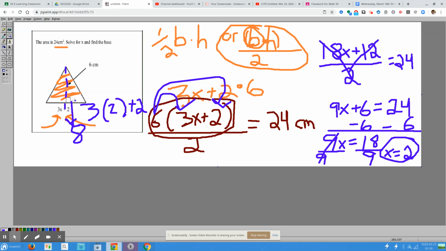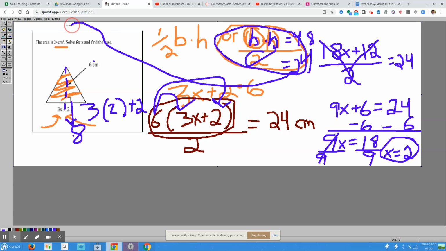If you go back and use the original formula, base times height, or 8 times 6, you get 48, and then divide it by 2, you get 24, which actually is the area for this triangle. So the length of the base is 8, its height is 6.